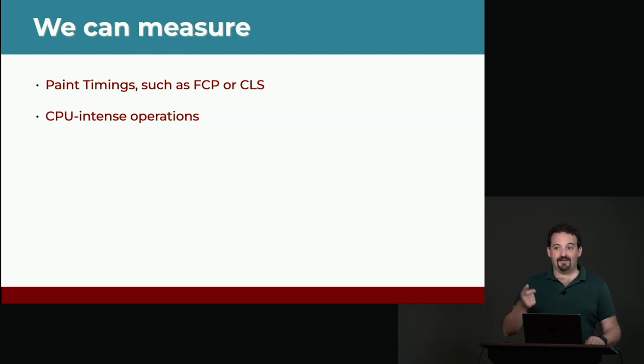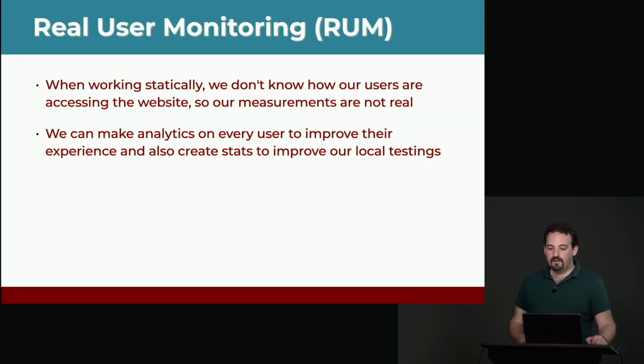You can get warned every time you're going over that line. So then you can gather real user metrics about, for that user, for that CPU, for that device, we might have a long task problem. That's known as real user monitoring, or RUM, because we don't know how users are working with our site, just working with our lab.